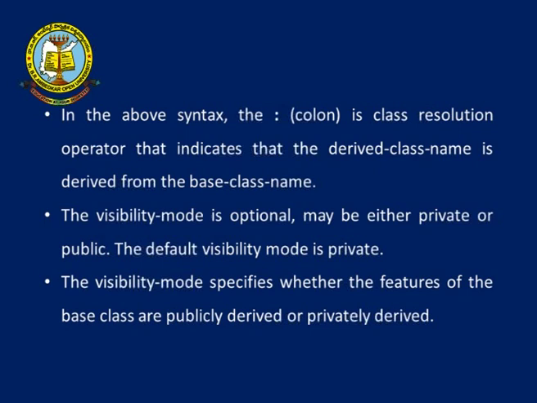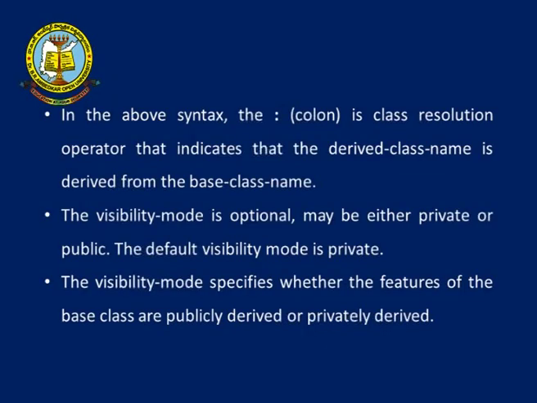And here the visibility mode can be any access modifier, like public, private or protected. By default the visibility mode is private. If you do not mention the visibility mode, it will automatically be selected as private.